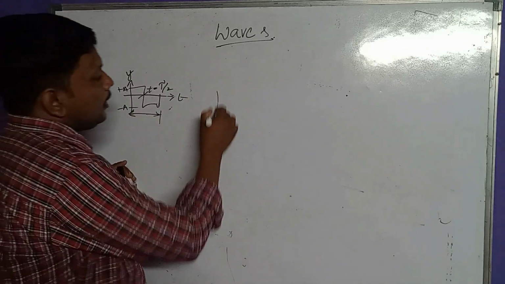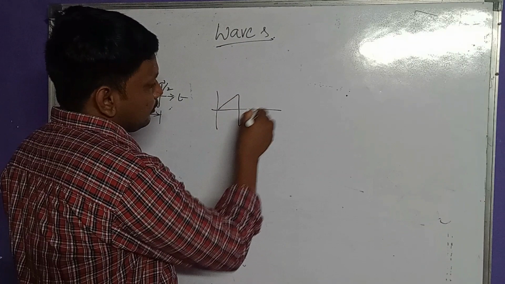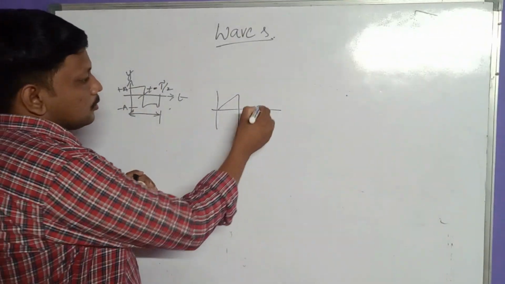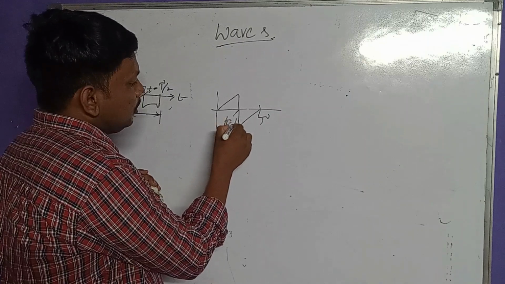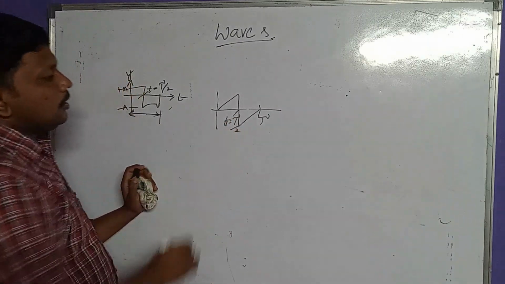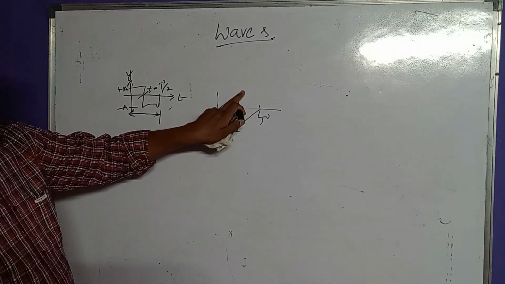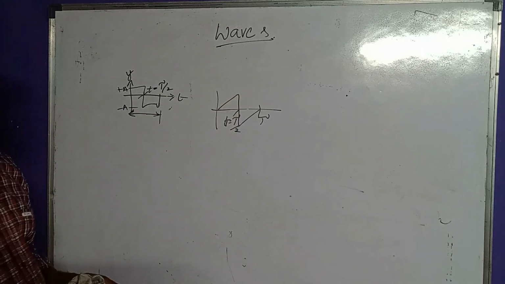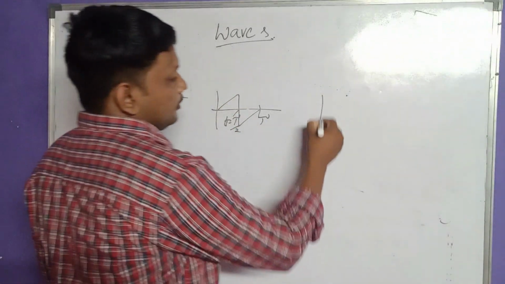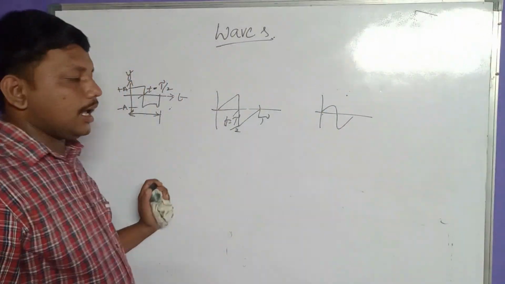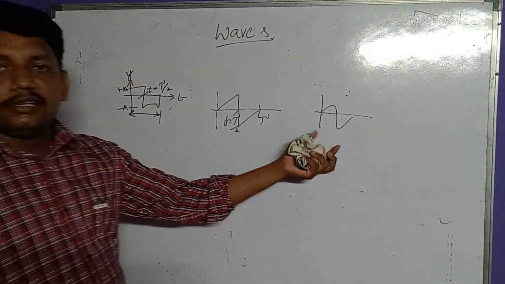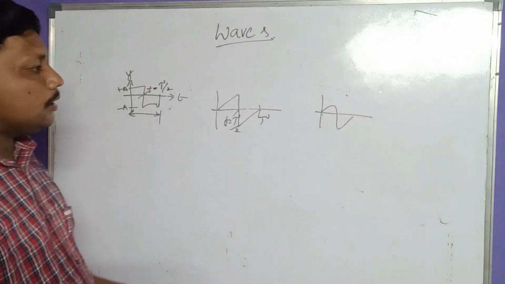Another wave is the triangular wave. Here also at time t equal to tau by 2, the direction suddenly changes. Another wave is the sine wave. This is suitable for analyzing our traveling wave.